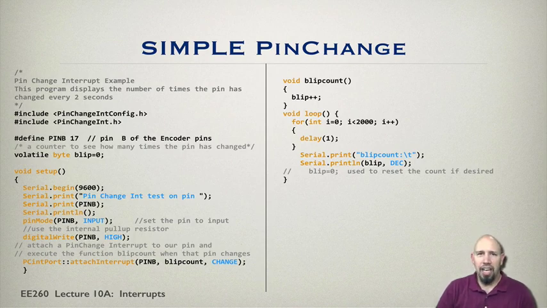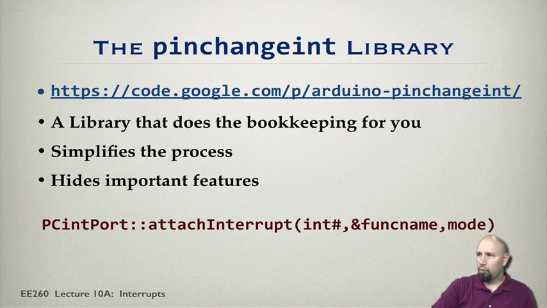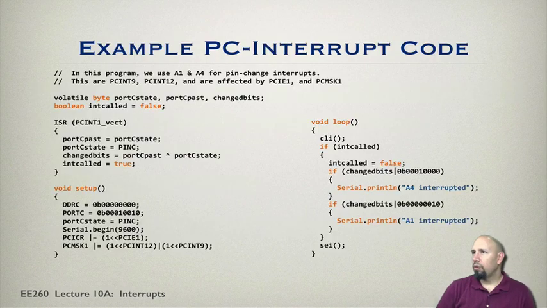The library is nice, but as you saw, it's really not that much more complicated to just keep track of the state of port C before and after, just like in the previous example. So this is actually not much simpler, really. But for some people, especially when we look at this program here, we have to do a number of things.